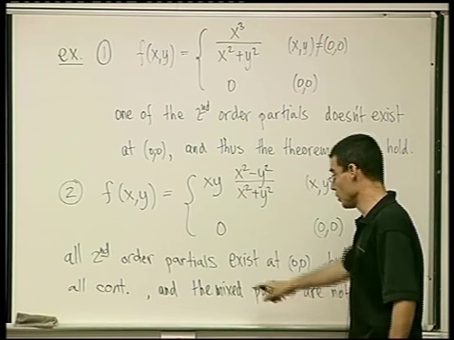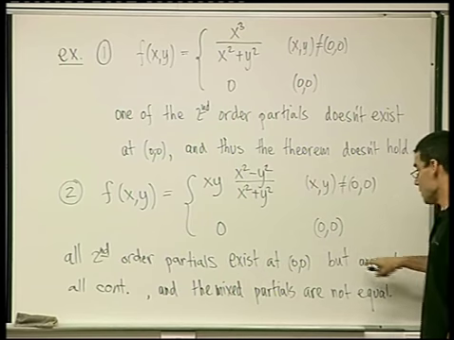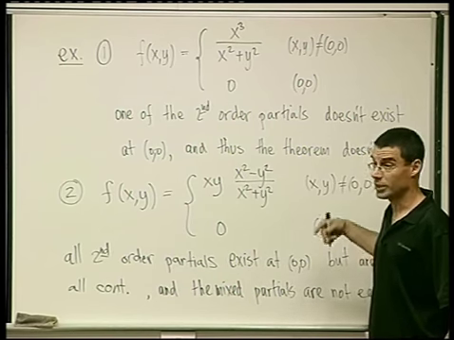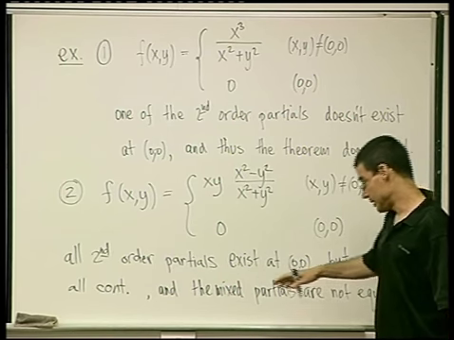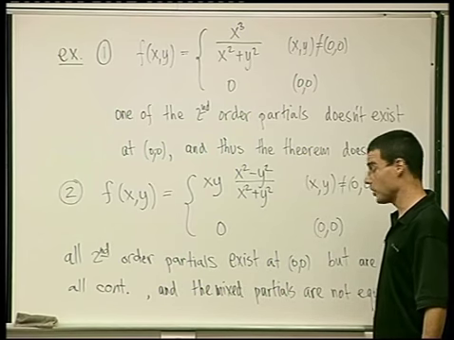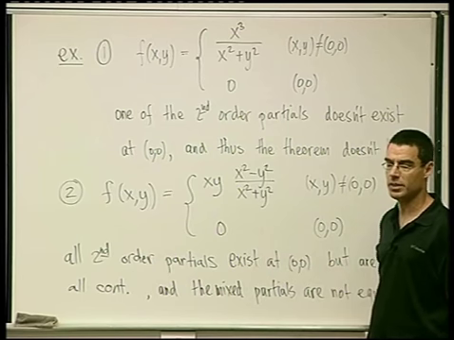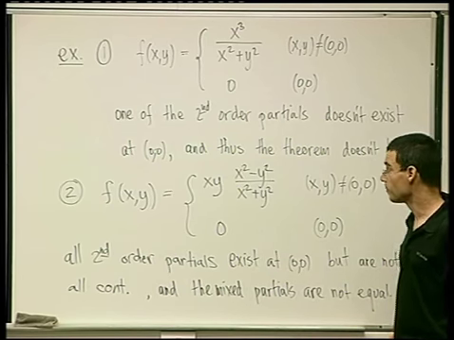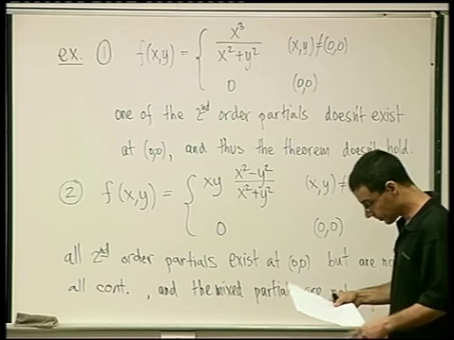So the theorem doesn't hold because the function is not C2, because the second order partials are not all continuous. And you can see that it doesn't hold because you calculate the mixed partials, you get values for both, but they're not the same value. Okay, so these are examples.